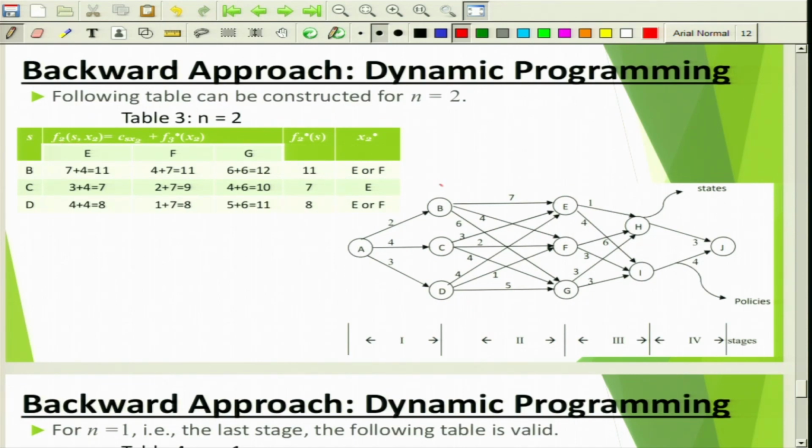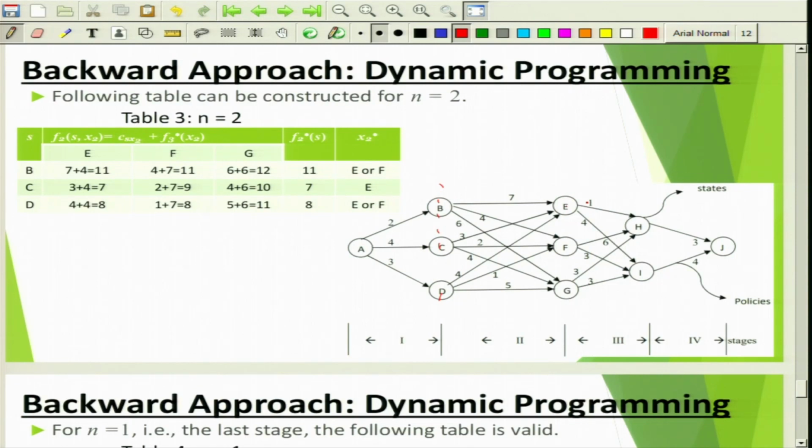Now what are the different nodes at the previous stage? B, C, D. The next immediate stage has different states, which are E, F, G. Now just follow a similar approach. From B to E it costs 7. From E onwards we have already identified the most economical path.